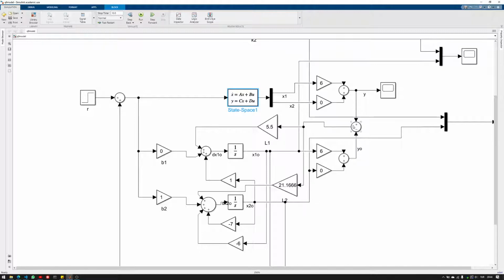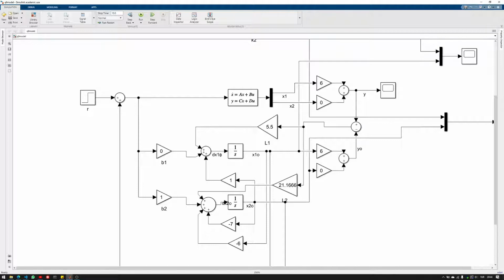I'm taking the difference of the output of the system and the output of the observer and multiplying it with L1 and adding it to the first equation, and multiplying it with L2 and adding it to the second equation. And those equations are basically the observer states.